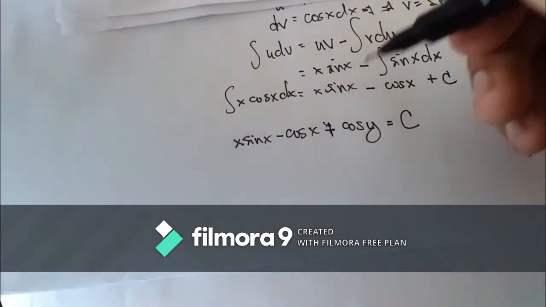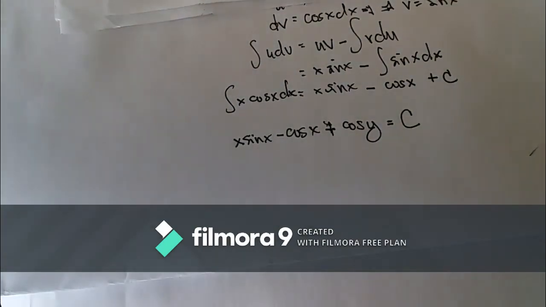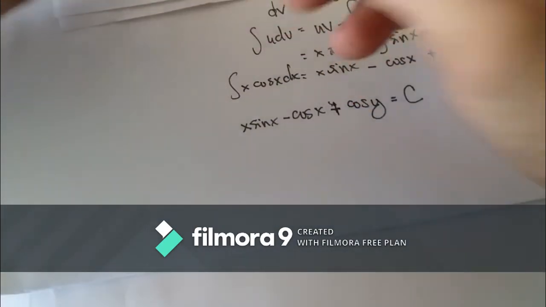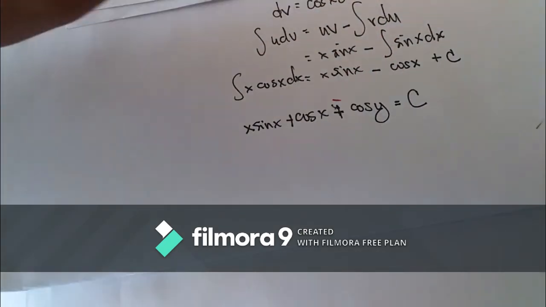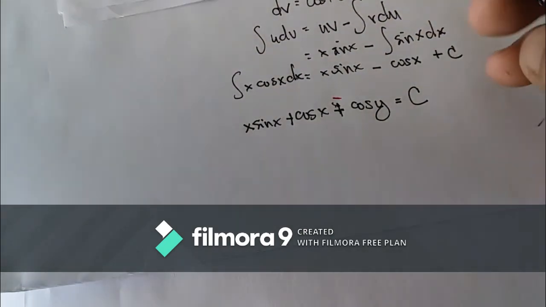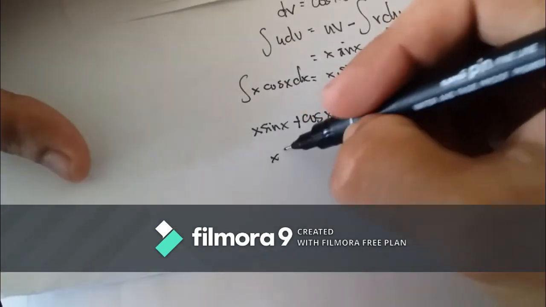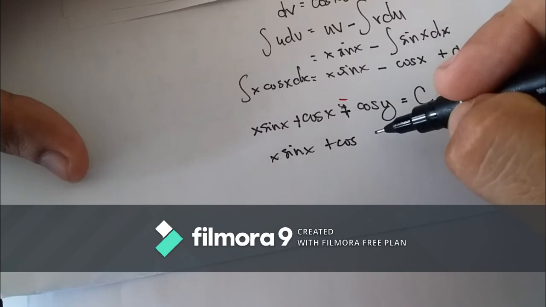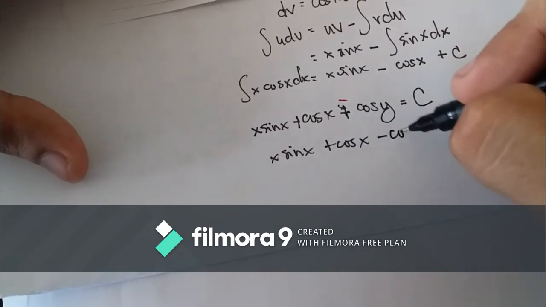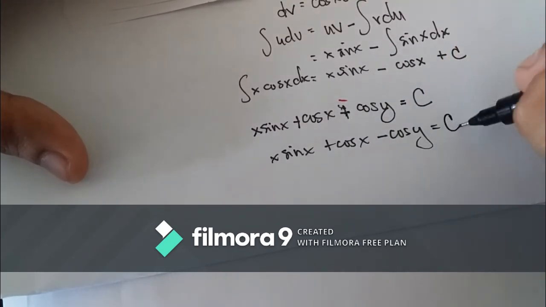So it will be negative. This is negative. So this one is positive, this one is positive and this is negative. So we'll write this one again, x sine x plus cos x minus cosine y is equal to c.